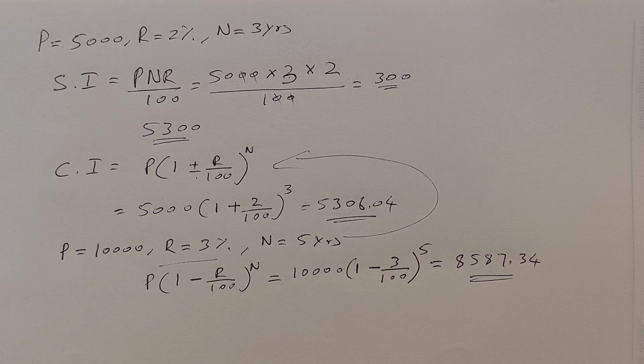Same logic: we put the value for the first year, subtract it down, then take again and subtract it down, for 5 years, and this is how the amount goes down. So the same formula, you can use for both things.